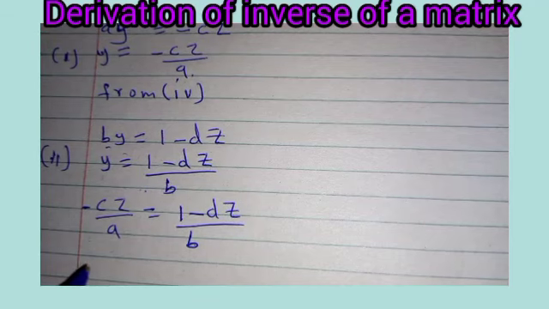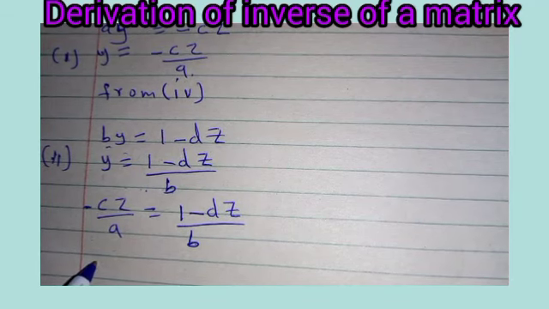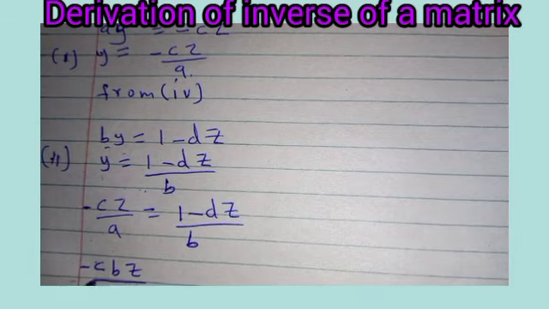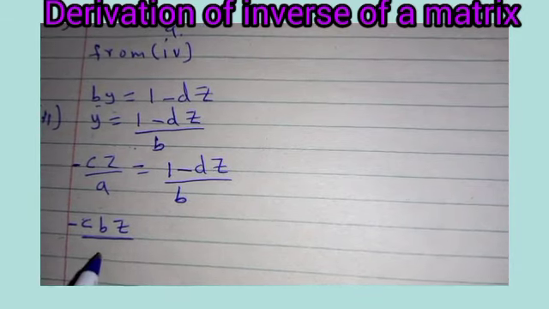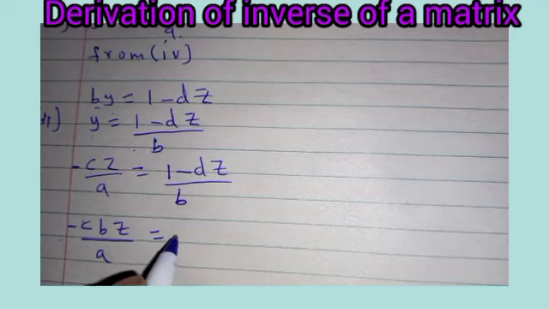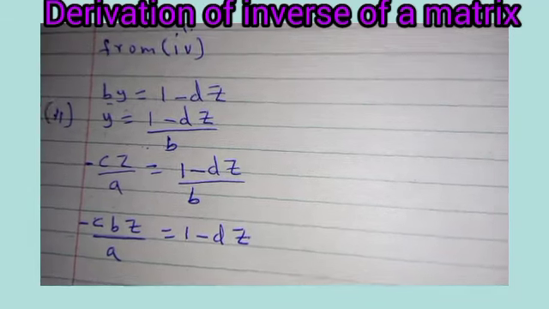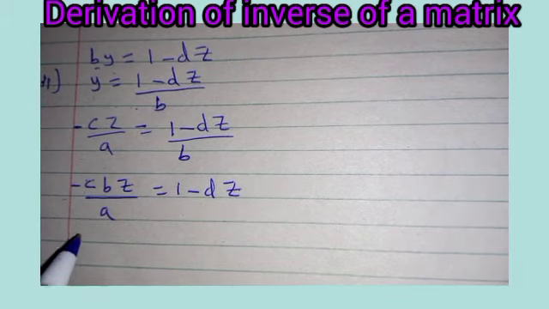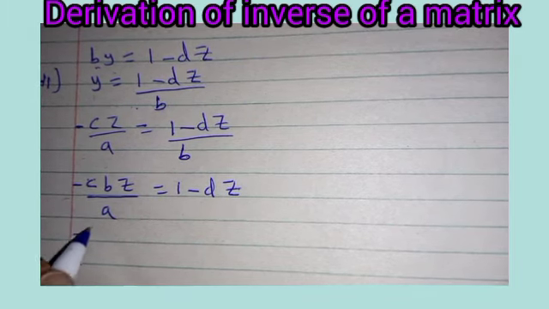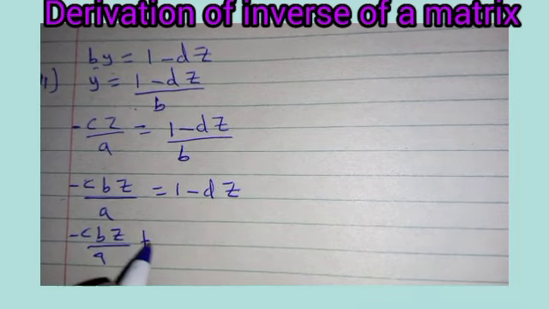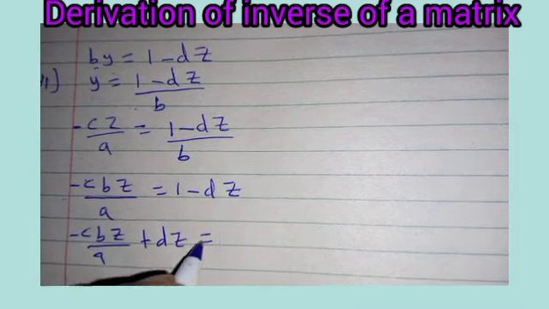From here now, we can multiply both sides by B, so you will have negative CBZ over A, which is equal to 1 minus DZ. Then you can have negative CBZ over A plus DZ, which is equal to 1.